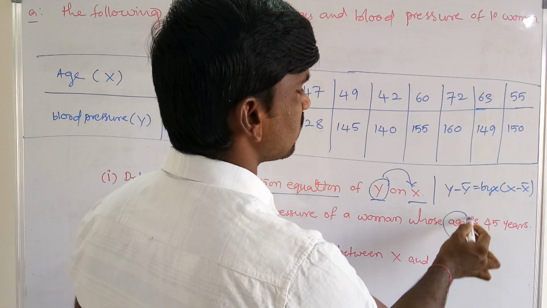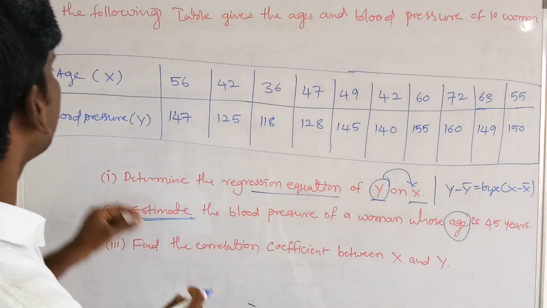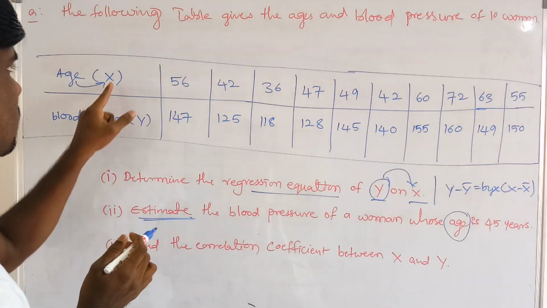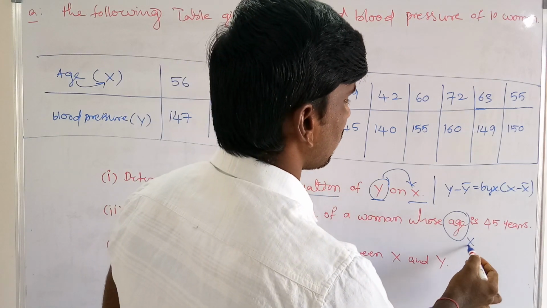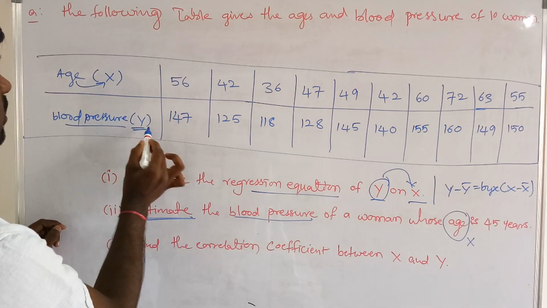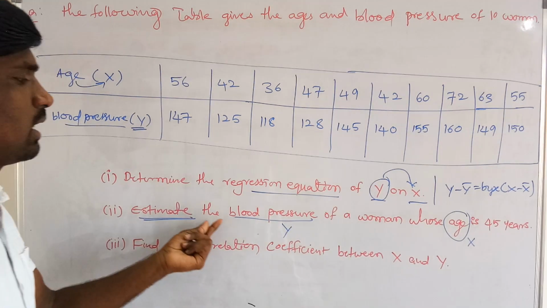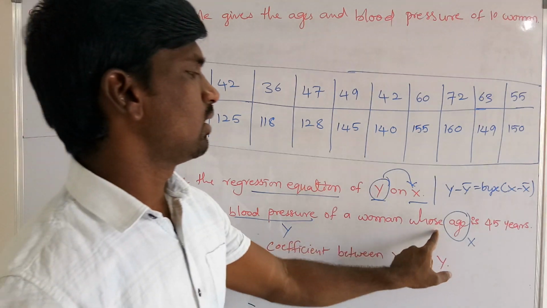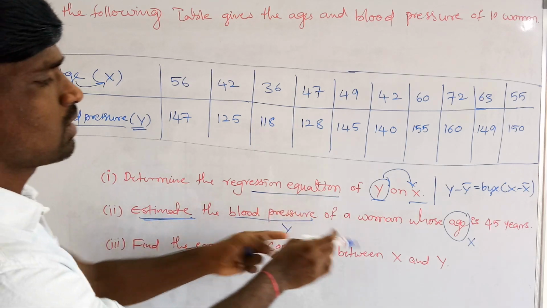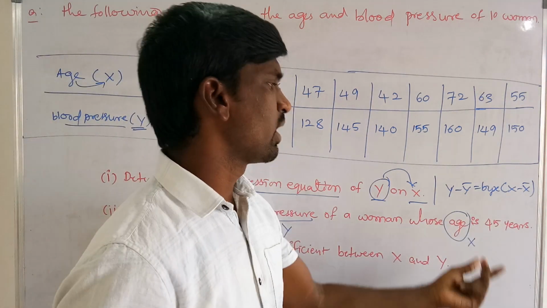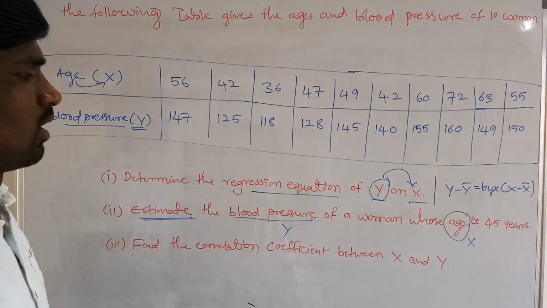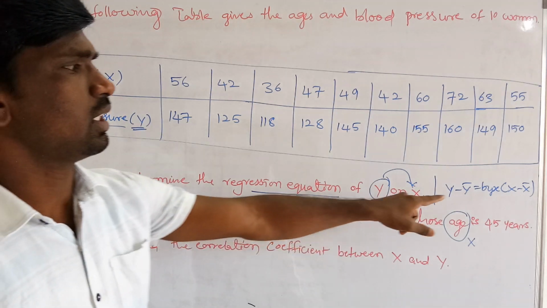We are treating the age as X, so X is 45 years and we estimate the value of Y. This is very simple. X is 45 years, then what is Y? We can easily estimate the second condition by using the formula.